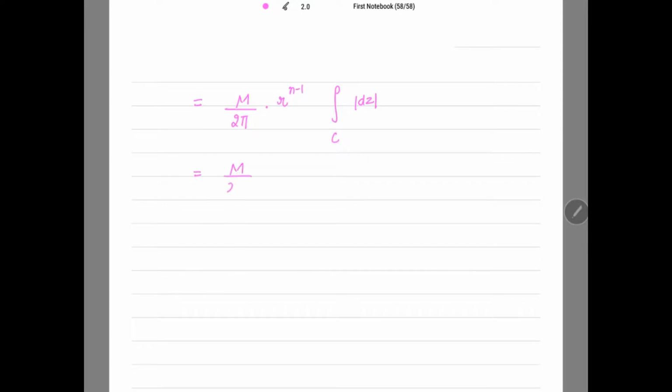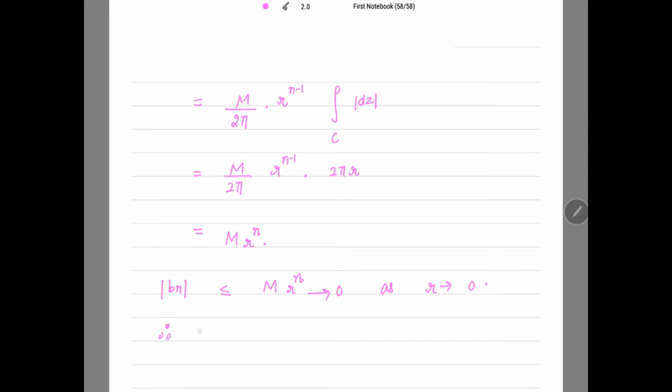So this is M over 2 pi times r^(n-1) times 2 pi r, where the 2 pi cancel. This is equal to M r^n. Now mod of b_n is less than or equal to M r^n. Now this tends to 0 as r tends to 0.